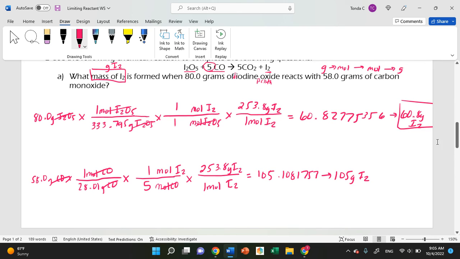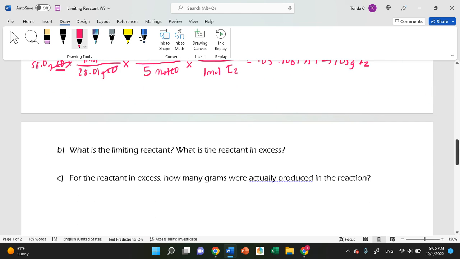So looking below, this is the number in the lowest amount, which means I2O5 is my limiting, and then this one is going to have to be my reactant in excess. So again, limiting should be I2O5. Reactant in excess is your carbon monoxide.